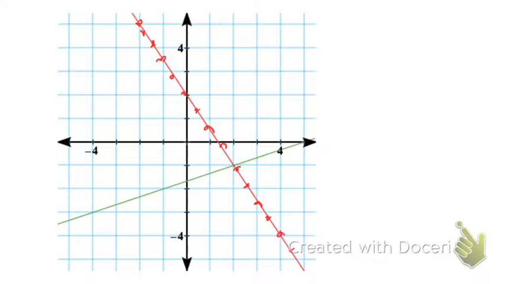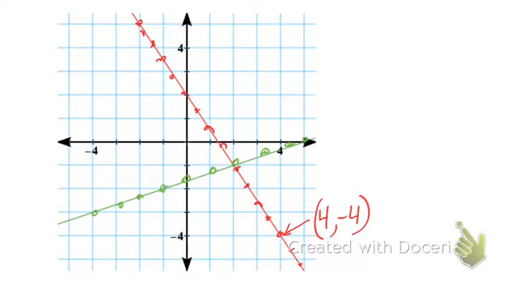If I substitute in each of these points, that x of 4 and the y of negative 4, it would work. It would be a true statement for that equation. And the same for my green line. If you graph it, this represents points for that green equation.